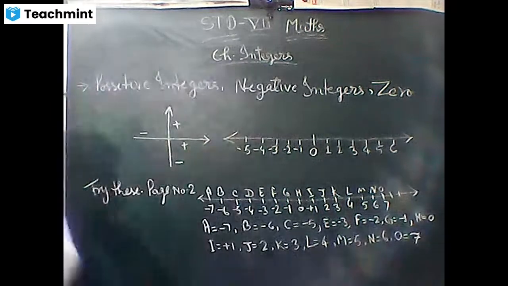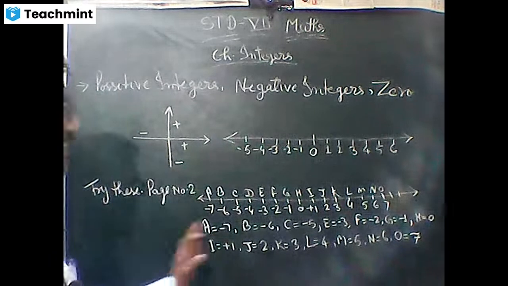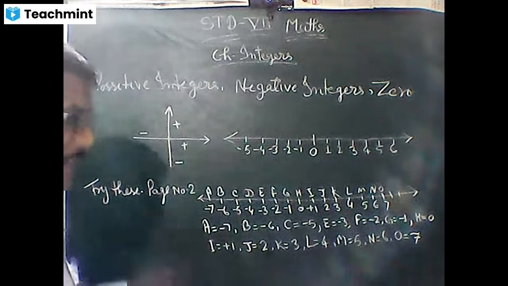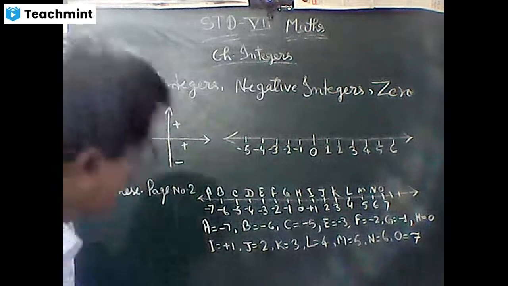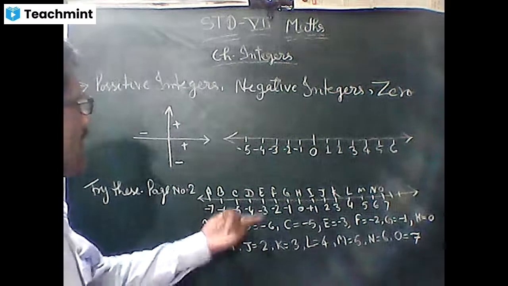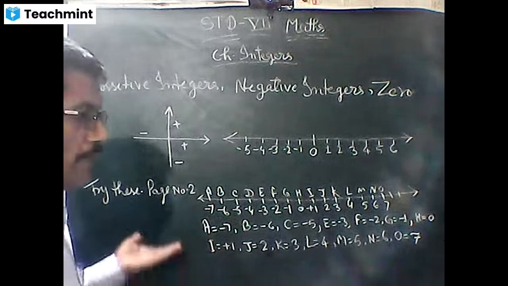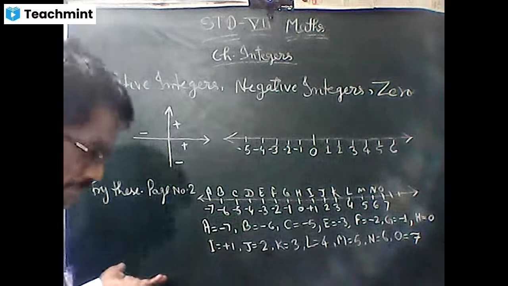So we have to represent all the alphabetical letters by their respective integers, and you have also learned this in your previous class. Then how do we represent these?